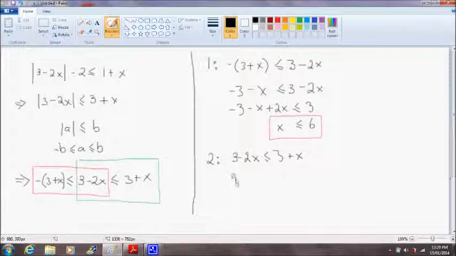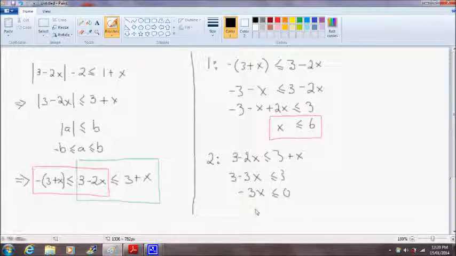So let's subtract x from both sides of this inequality to get 3 minus 3x is less than or equal to 3. Now we subtract 3 from both sides, so that we're left with minus 3x is less than or equal to 0.